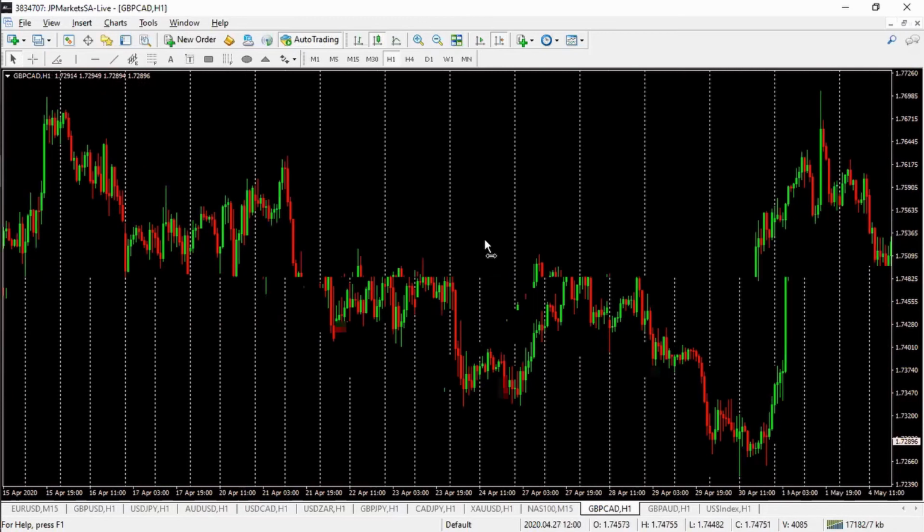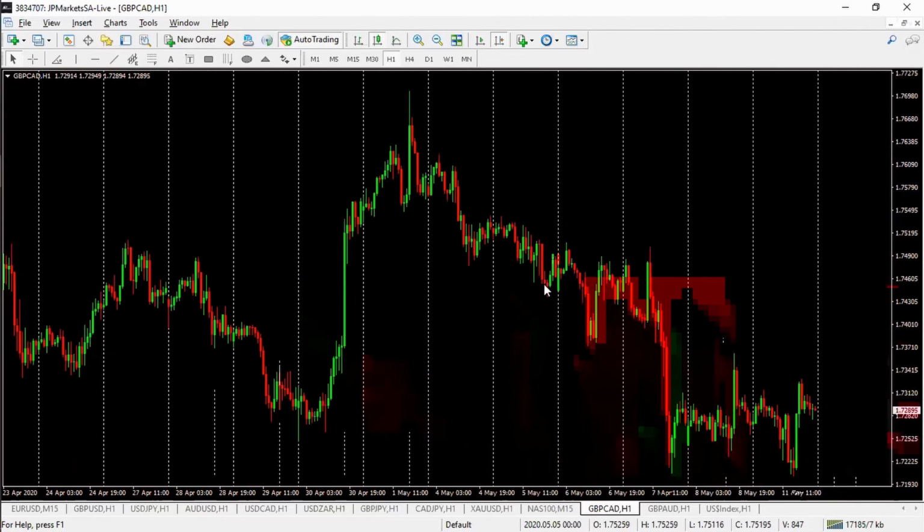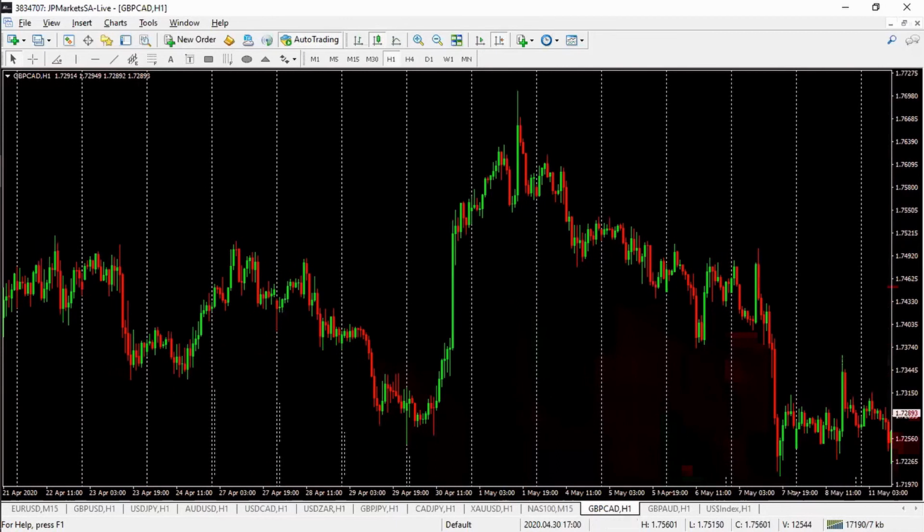So those are the pairs that I enjoy trading, and I've been monitoring and back testing on them, trying to sharpen my skill on certain pairs, because it's very important to have certain pairs to trade.